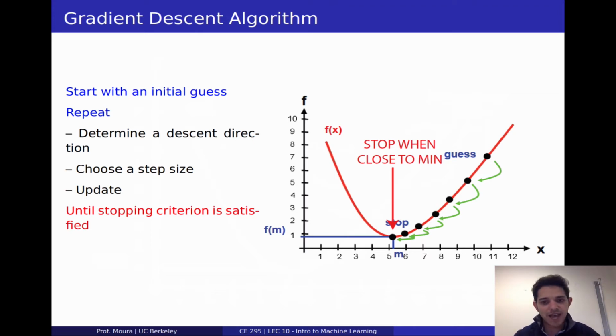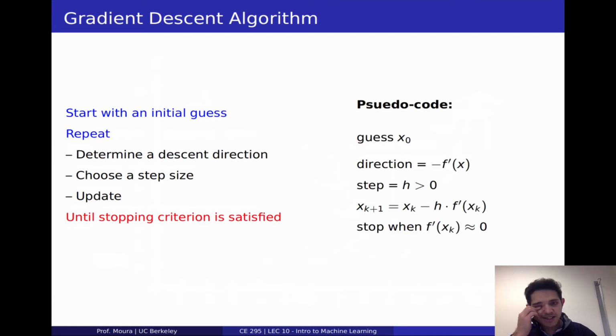One good example of that would be the gradient, or the slope, becoming 0 or sufficiently close to 0 within some tolerance. All right, so here's some pseudocode that you could use for this. You give an initial guess for your optimization variable, let's call it x naught, where the subscript is your iteration number. Then you compute your direction, which is the negative of the gradient.